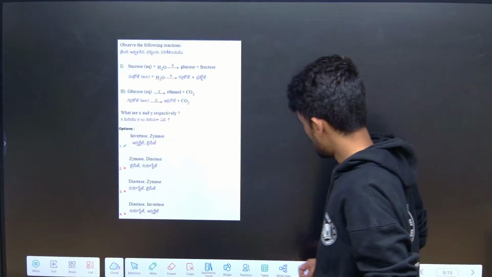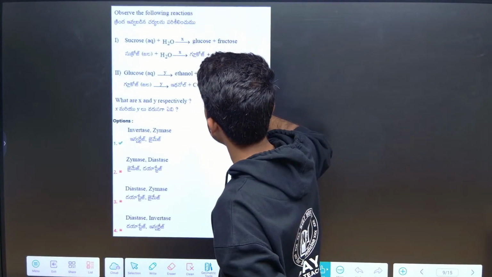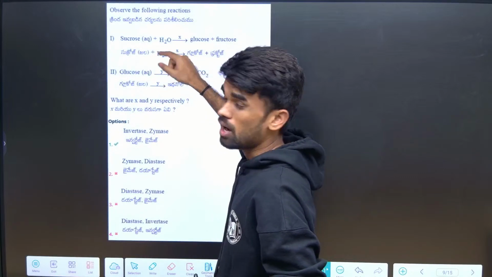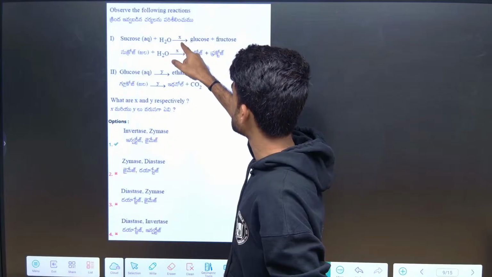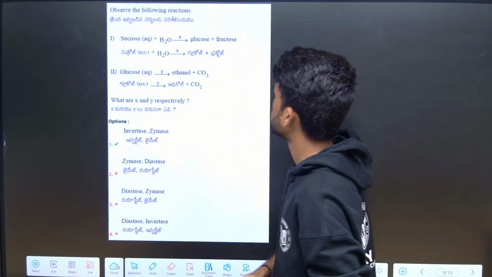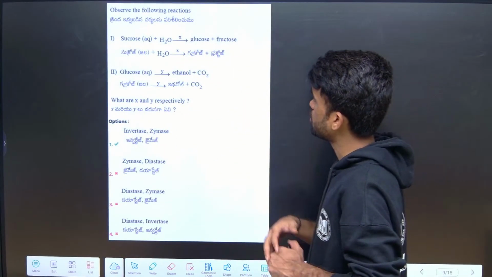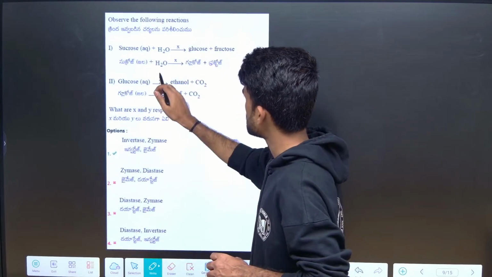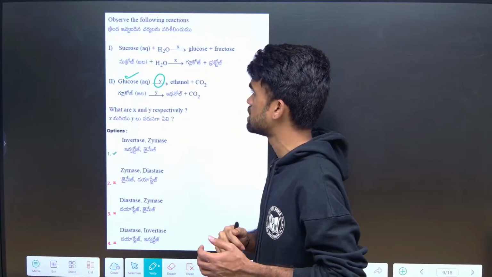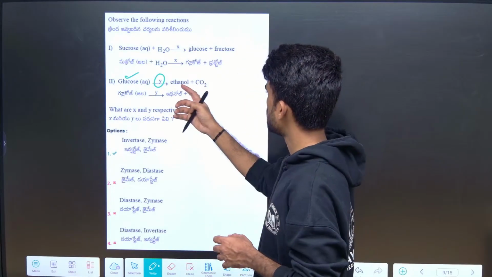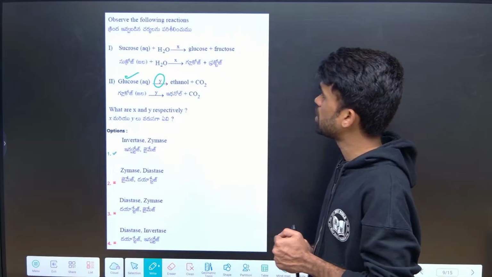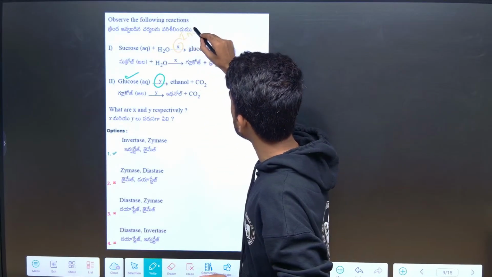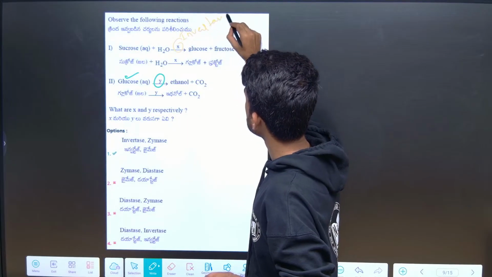Next, tell me about sucrose. Observe the following. Sucrose, on hydrolysis in the presence of a catalyst, will give glucose plus fructose. So what is the enzyme we need to use here? And then next, what is the enzyme to use for conversion of this glucose, so that ethanol plus carbon dioxide is formed? Here we will be using invertase. Invertase is an enzyme.